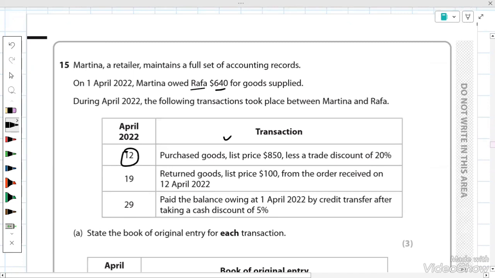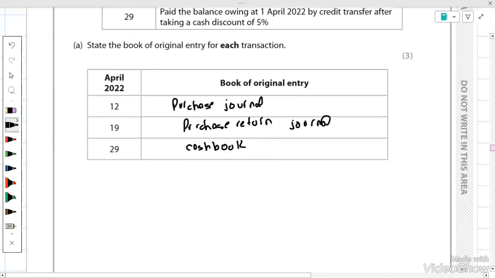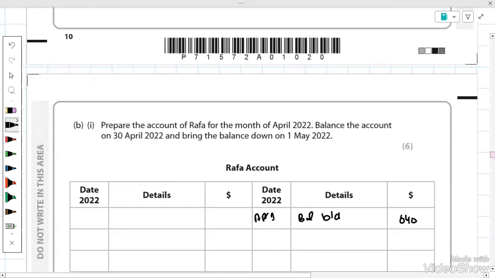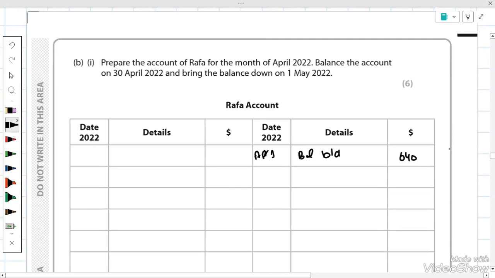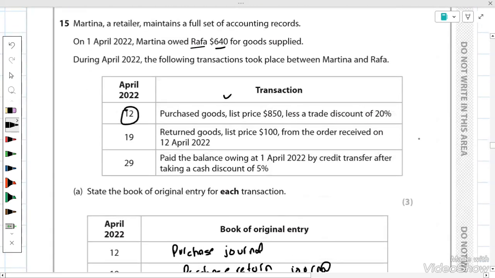Okay. So after that, on 12 April, Martina purchased goods from Rafa and the list price was 850 and the trade discount was 20%. So we don't need to record this trade discount, but we have to deduct it. So 850 multiplied by 20%, and whatever your answer is, you have to deduct that 20% from the 850.